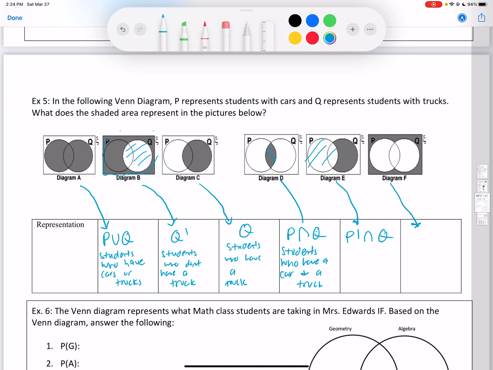So that is students who only have a truck. Okay? And then we have everything outside of the intersection, so that's not P or Q. So that's going to be students who don't have a car or truck.